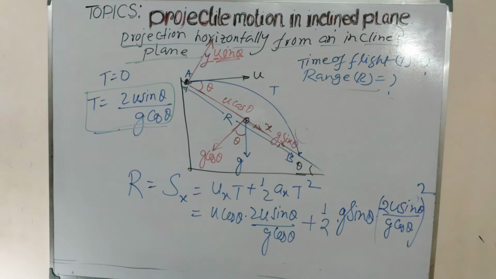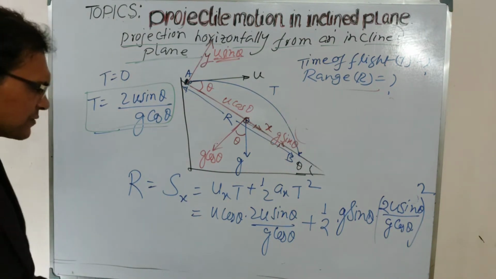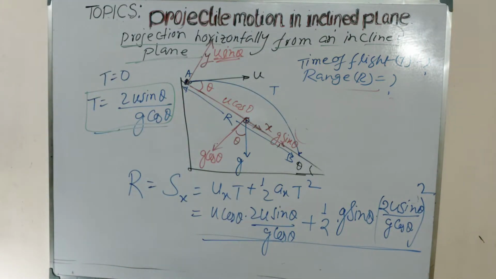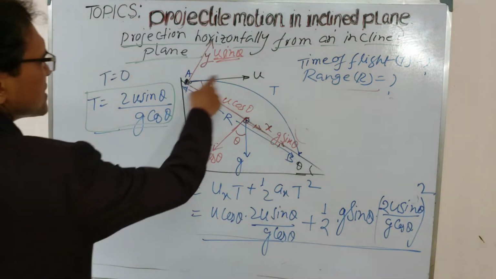Okay, this is the result. If you simplify, then some result may come. So this is the procedure to find the range along inclined plane if the body is projected horizontally.